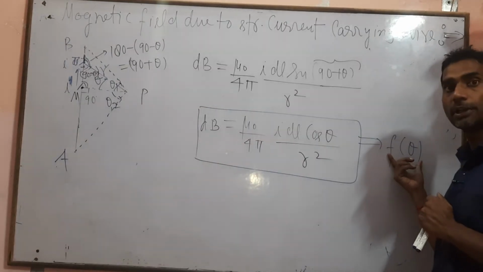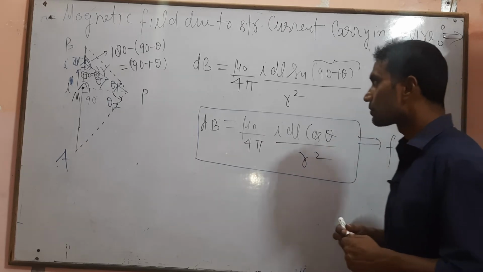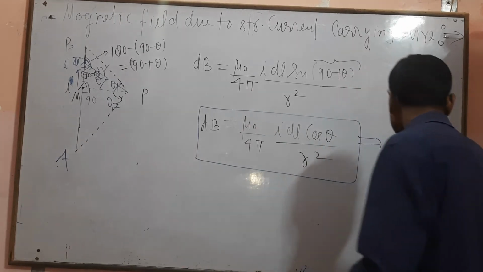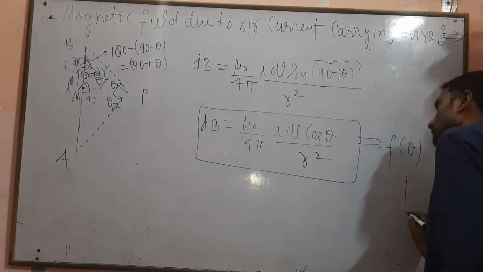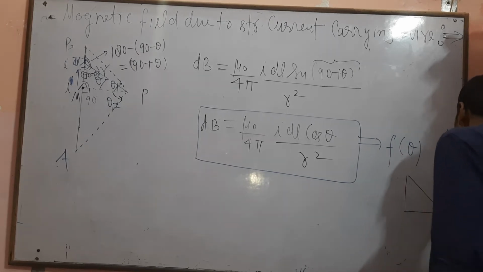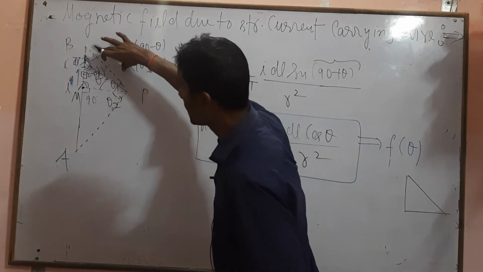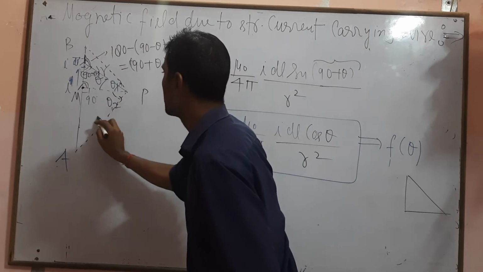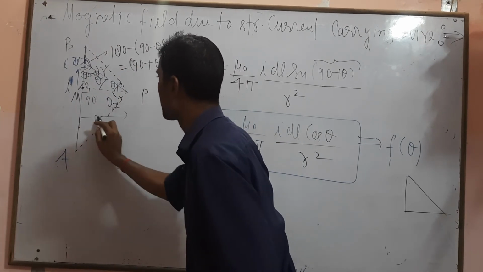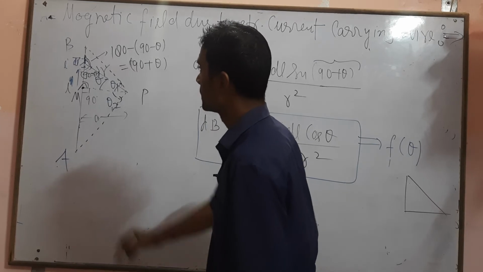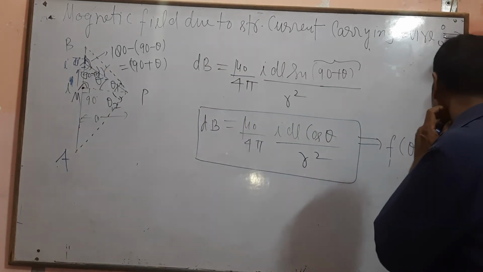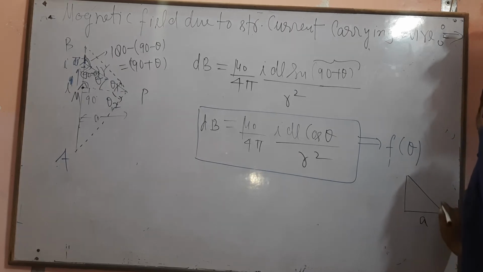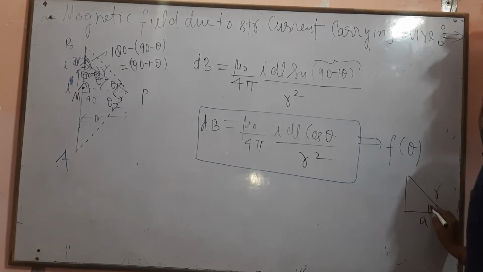This is the theta. In this right angle triangle, this is r, and this distance is a. This is also a given point. The perpendicular distance between the wire and P is a. So a is given, this is r, and this is the angle theta.